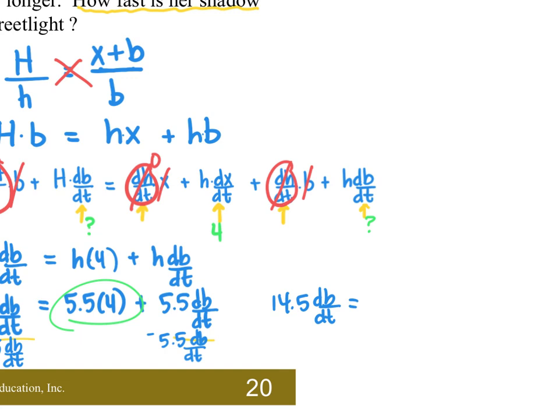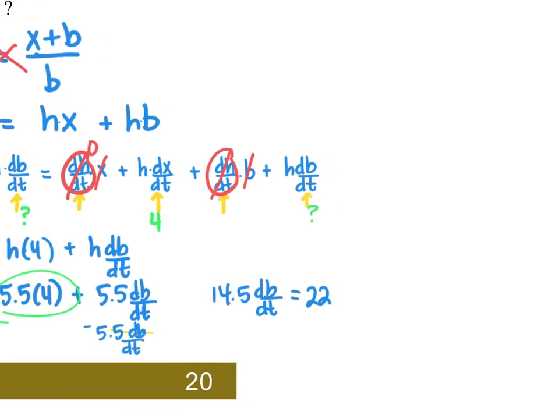That's going to give me 22. And then I can divide both sides by 14.5. So db/dt is 22 divided by 14.5, which is 1.517.